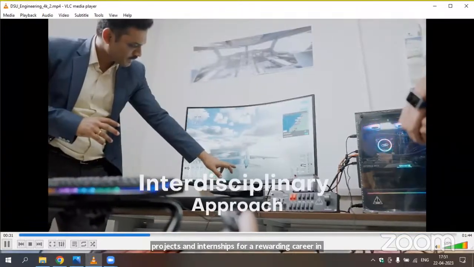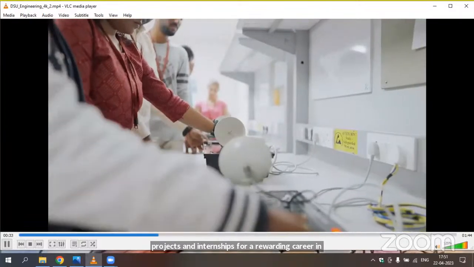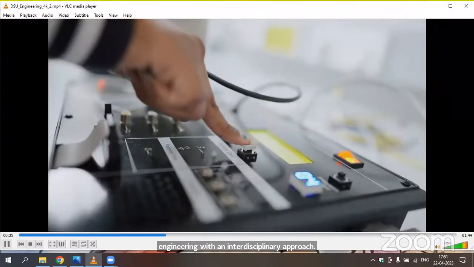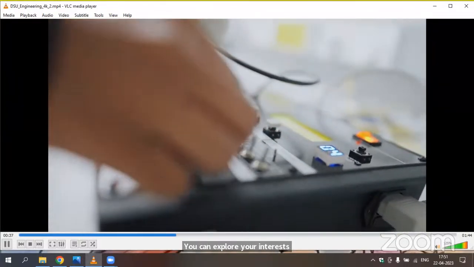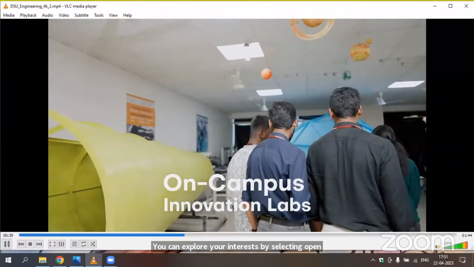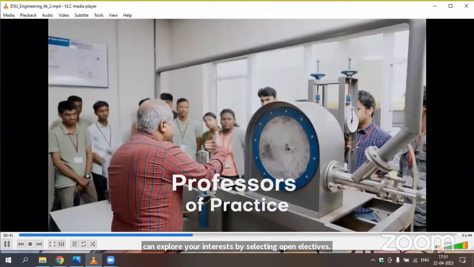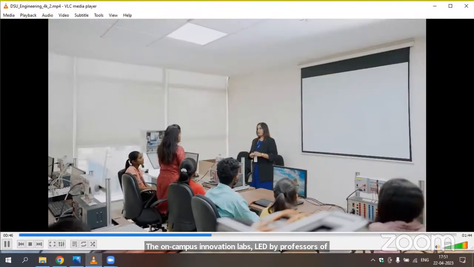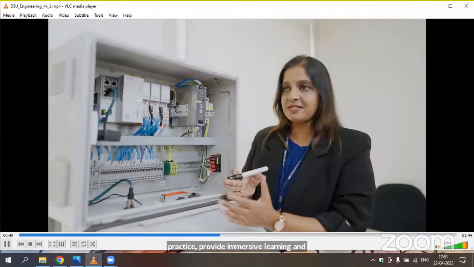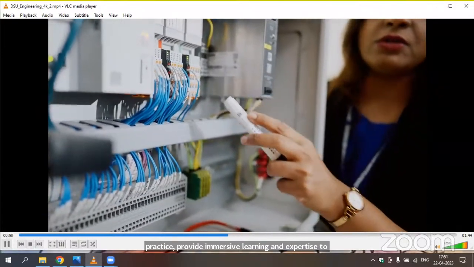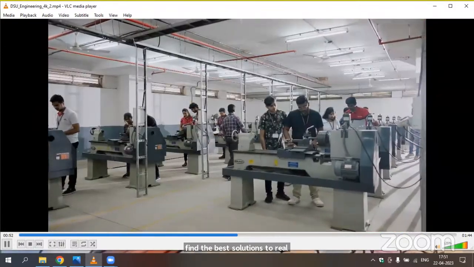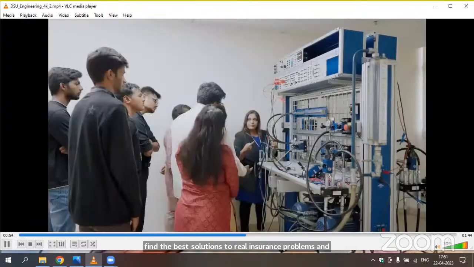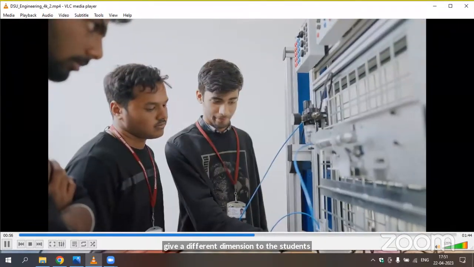With an interdisciplinary approach, you can explore your interests by selecting open electives. The on-campus innovation labs, led by professors of practice, provide immersive learning and expertise to find the best solutions to real industry problems and give a different dimension to the students' mini and major academic projects.